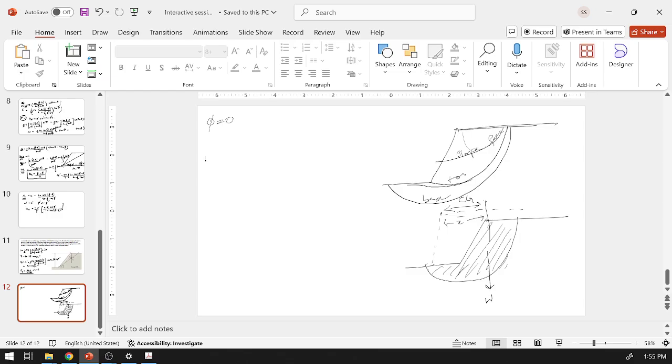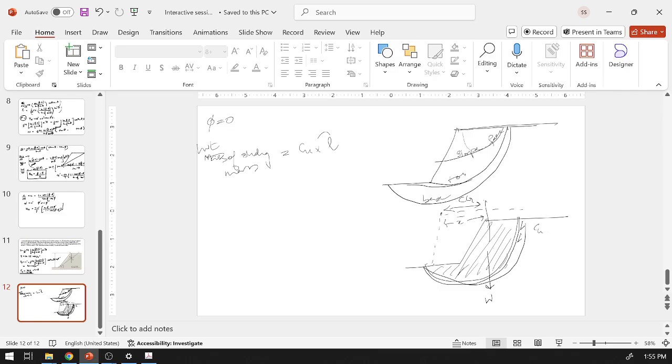So we take the weight of the sliding mass, and we equate it to the cohesive strength along this surface, where there is a unit cohesion Cu along unit length, Cu into arc length.